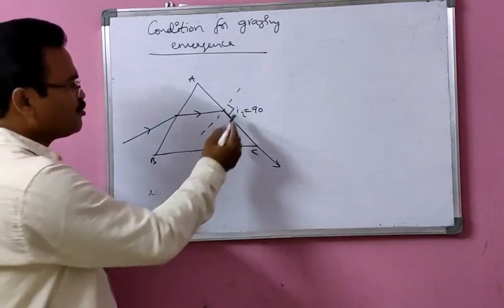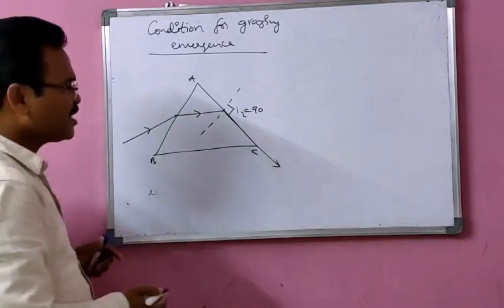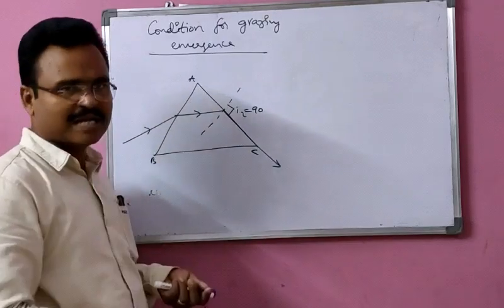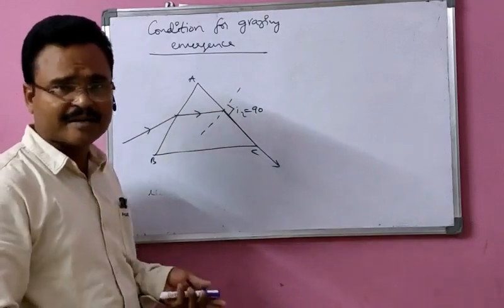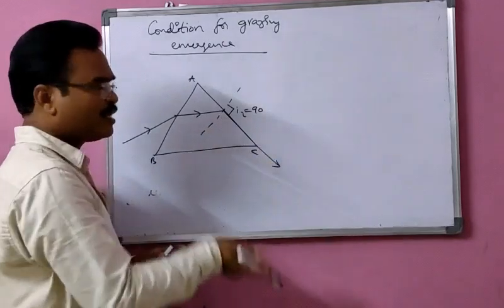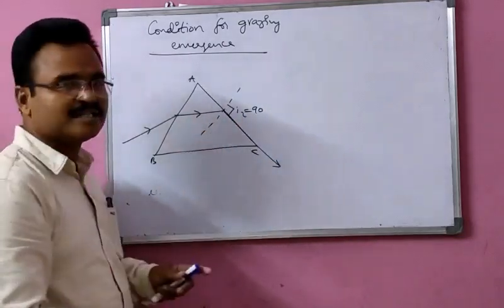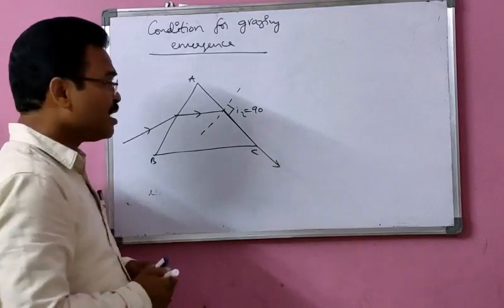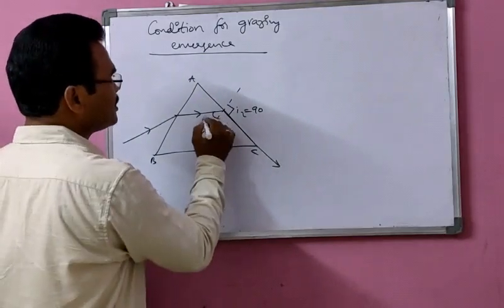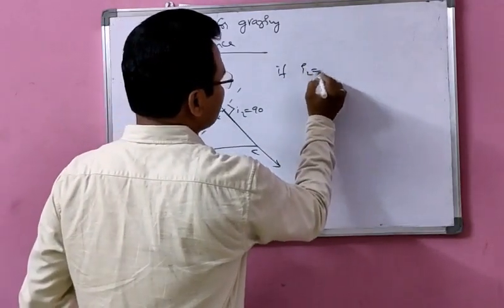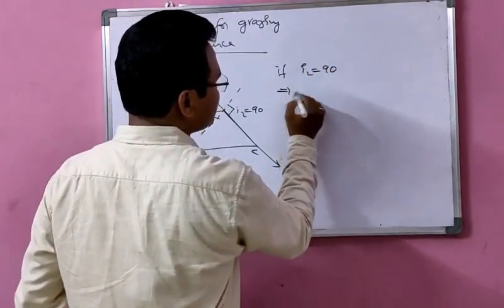Now, see here, I2 equal to 90 means the light ray is going from denser to rarer medium, because the prism is made up of glass and its refractive index is high. It's coming to air, so denser to rarer. And the angle of refraction becoming 90 means, this angle here is R2, so if I2 equal to 90, what does it mean?